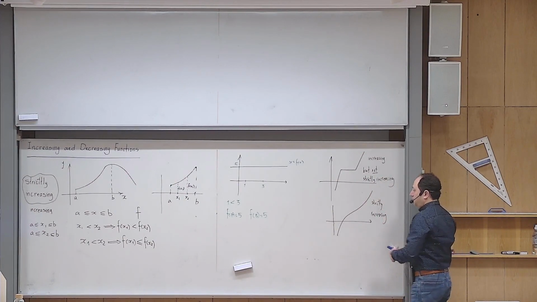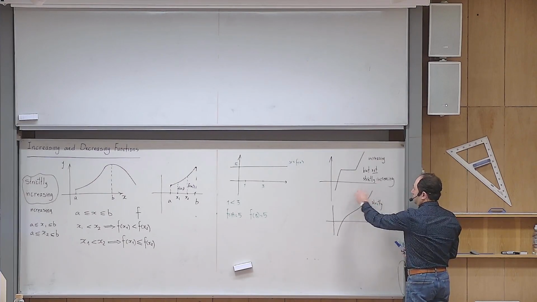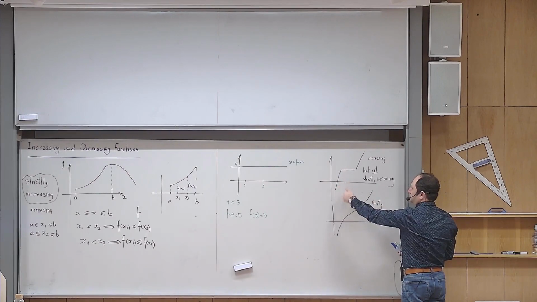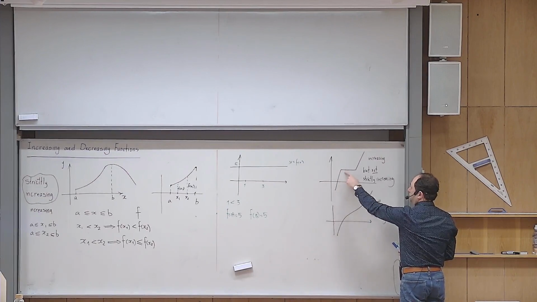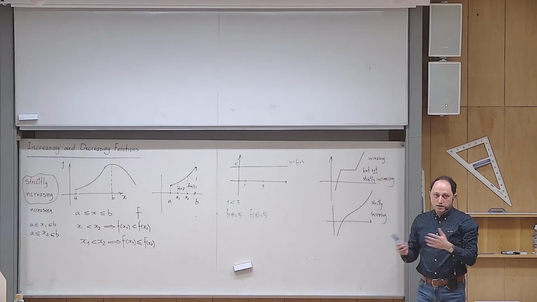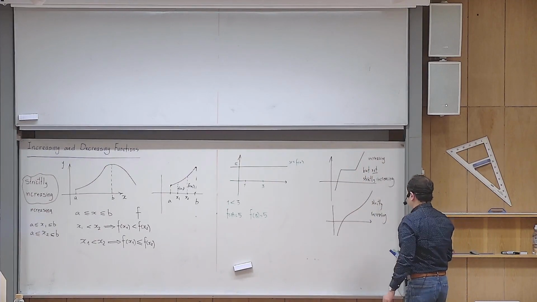So it means that when I go to the right, the height of the graph is always growing. But here, when I go to the right, at some point the height of the graph is growing, but at some point it remains constant, then again it grows, yes? So this is the difference between strictly increasing and increasing.